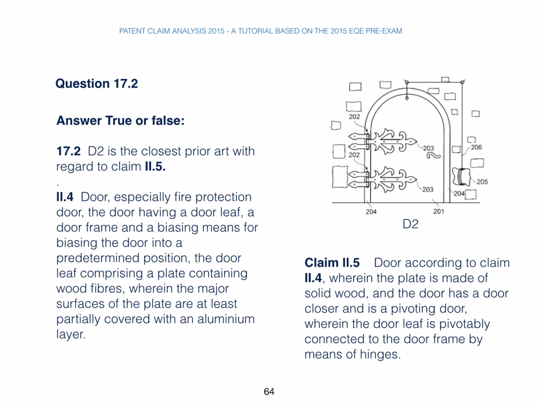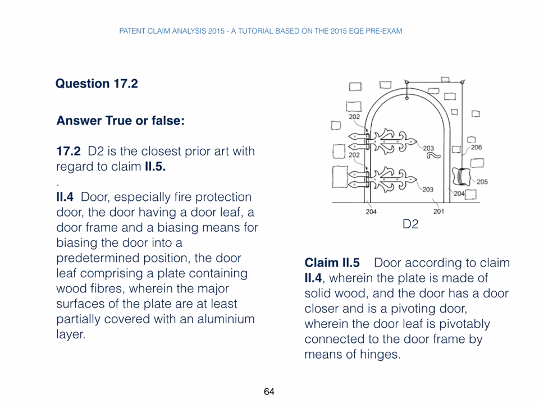And claim 2.5 reads, door according to claim 2.4 wherein the plate is made of solid wood and the door has a door closer and is a pivoting door, wherein the door leaf is pivotably connected to the door frame by means of hinges.